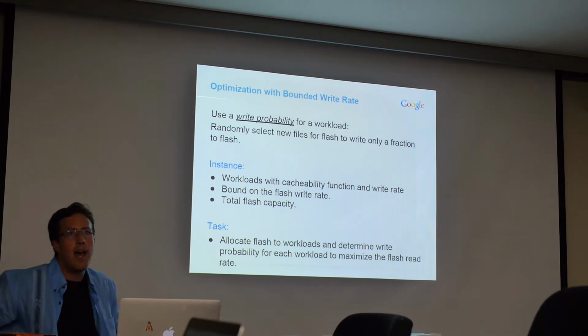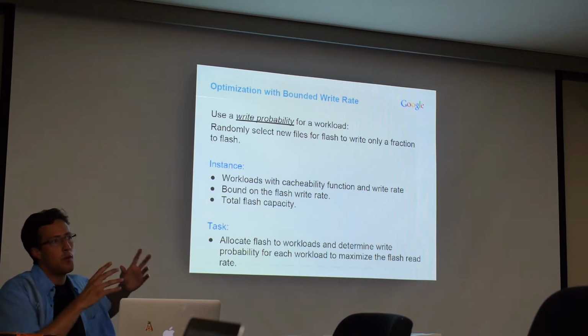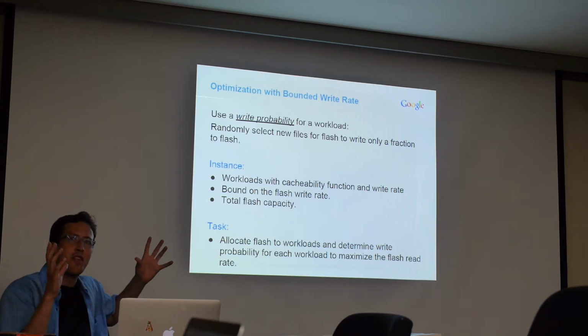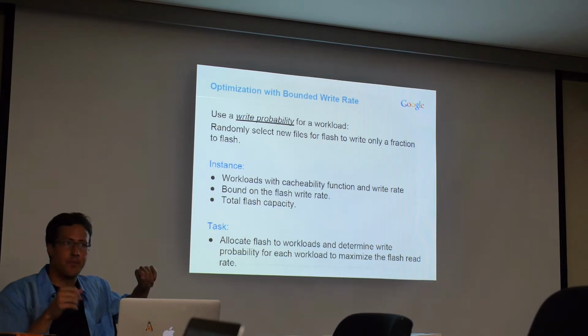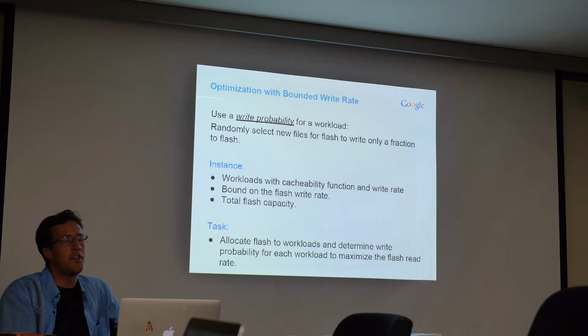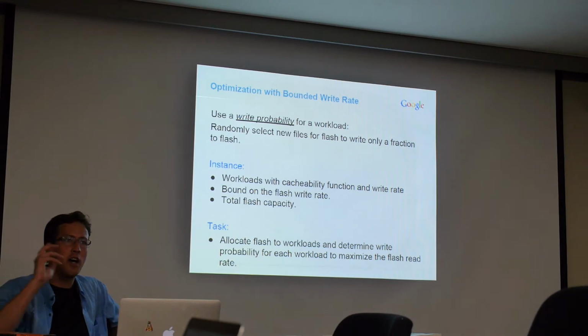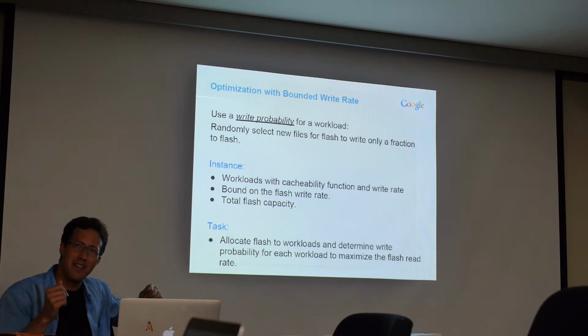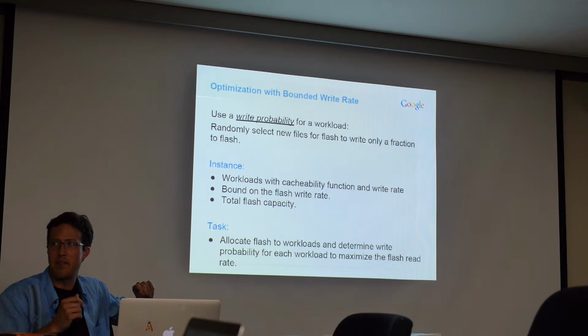So what if we've determined that we have a workload that's a good candidate for flash, but it's larger than the amount of flash we can allocate to it? For example, suppose we have a user that writes a bunch of data and then does a ton of reads to that data exactly 36 hours later. But over the course of 36 hours, they generate 2 petabytes of data, but we only have 1 petabyte of flash.